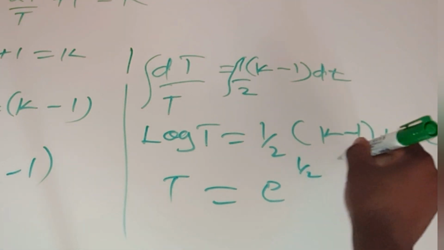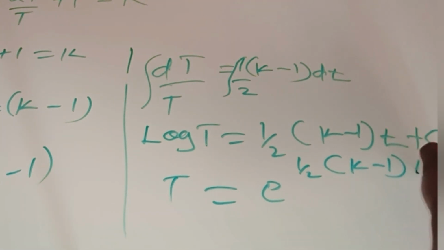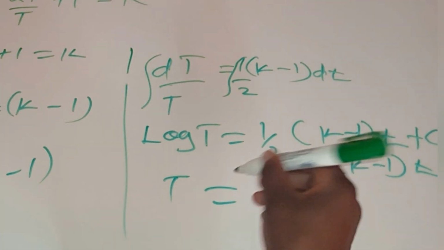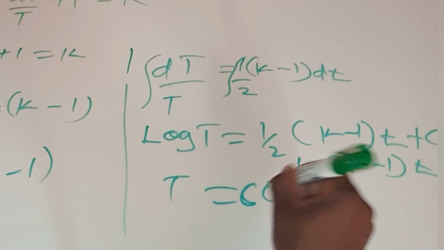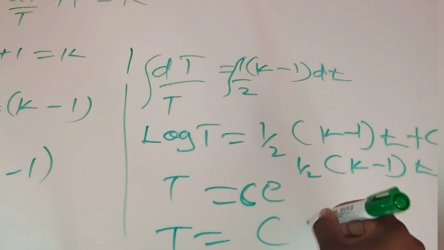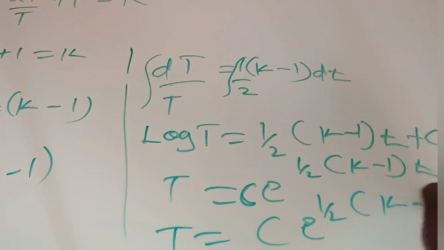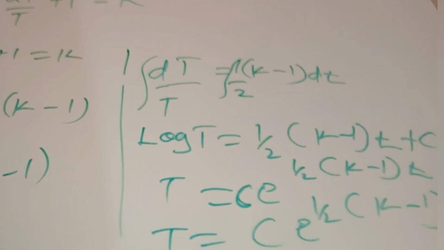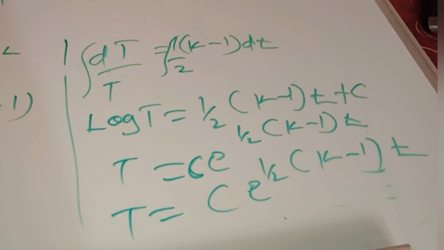E to the power half of k minus 1 times t. So bring c here. So t is equal to c, e to the power half of k minus 1 times t. Our general solution, u of x, t is equal to t multiplied by x.